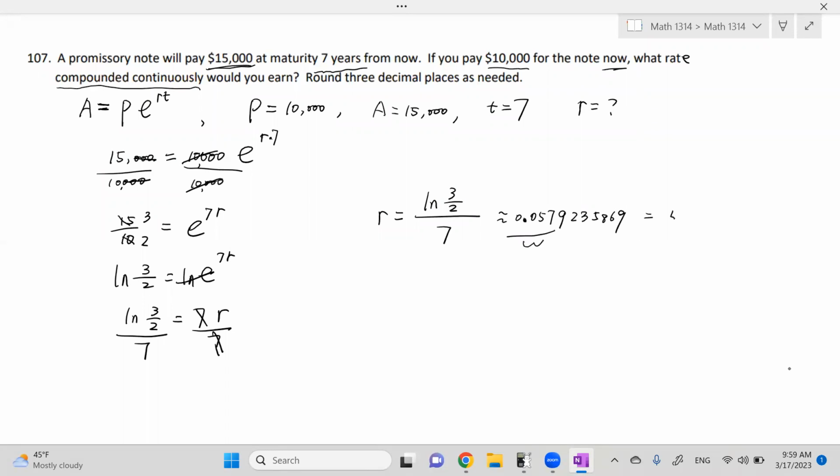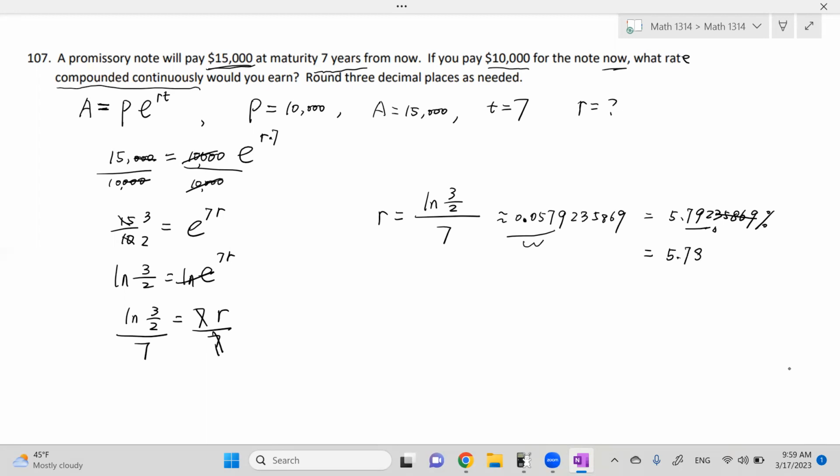We're having 5.79235869%. Now I'm keeping 3 decimal places. So I'm keeping these 3, and the digit after is 3, which is less than 5. So I can ignore the rest.